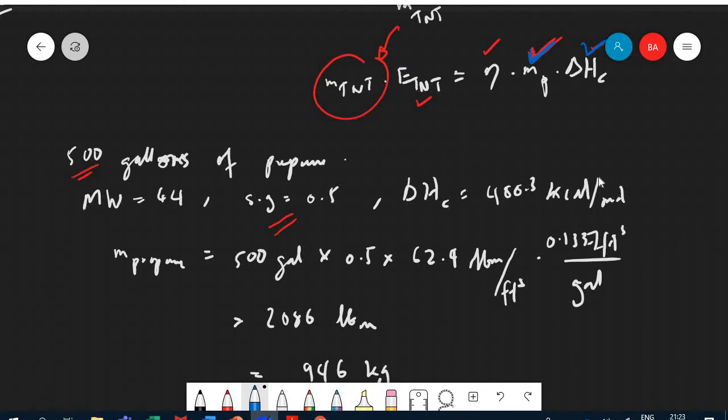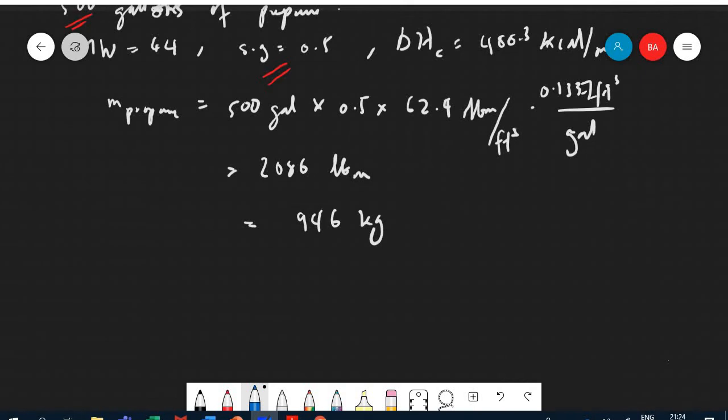Whatever you do is fine, as long as you find what you want. We already have the 946 kilograms, so we are going to continue and take it to moles, doing the conversion, and this is going to be 21,500 moles.